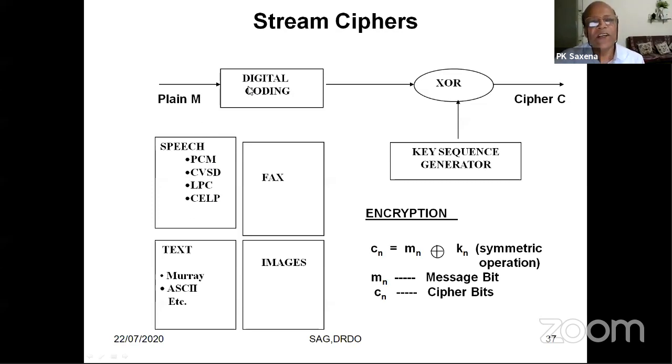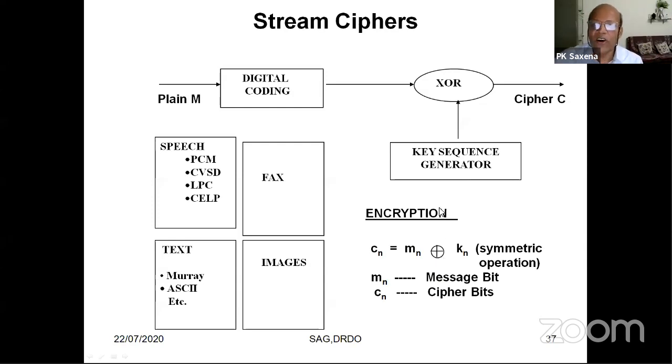And once it is in terms of bits, these bits can be XORed with the key sequence, which is generated by some good generator, and by XORing we get the cipher bit C. So here the encryption method is just bit by bit addition, and that's all. There is nothing much complicated in the encryption, it is just XOR.